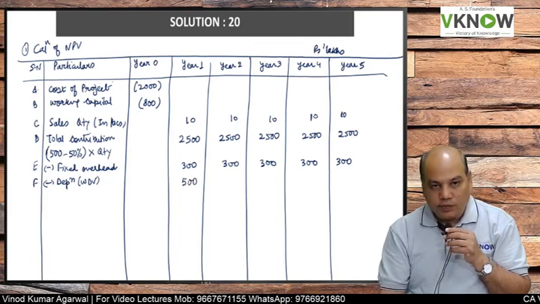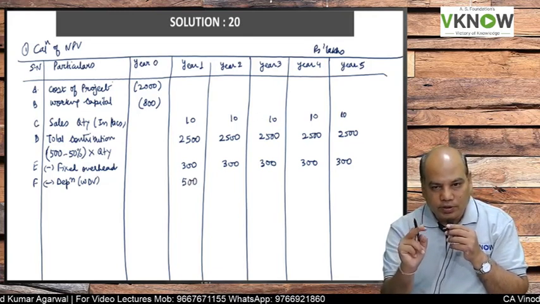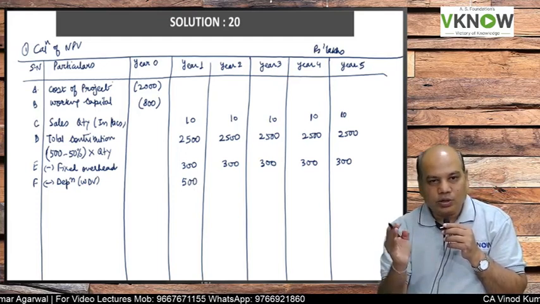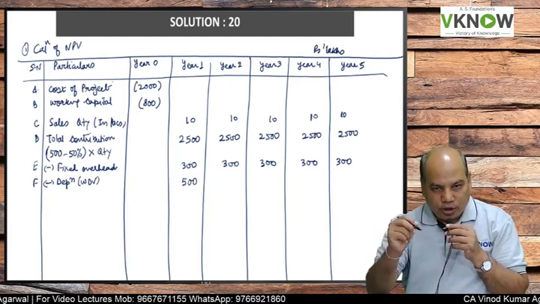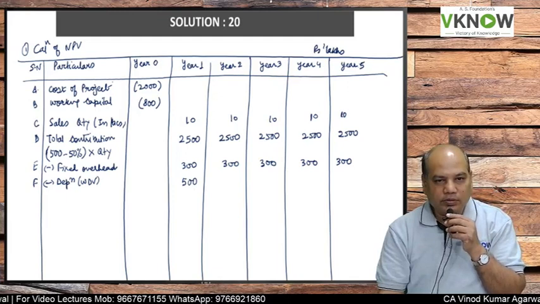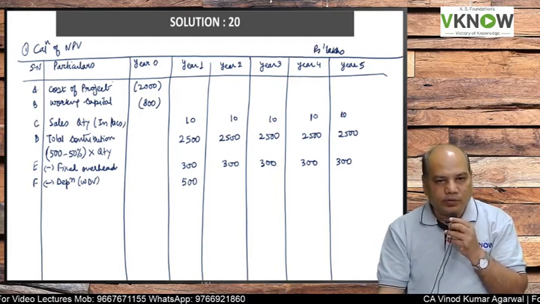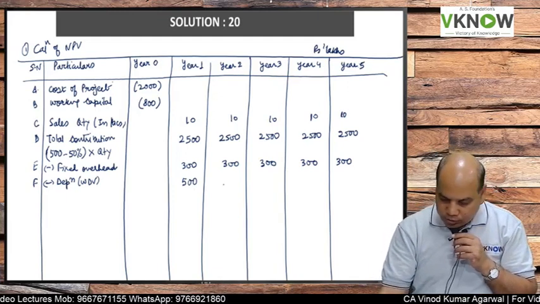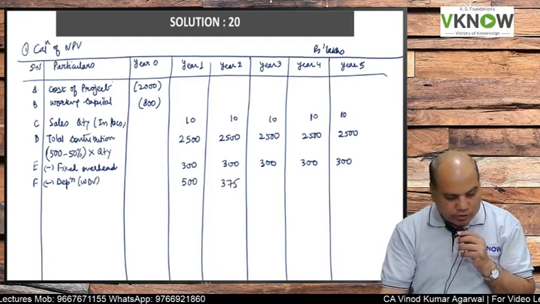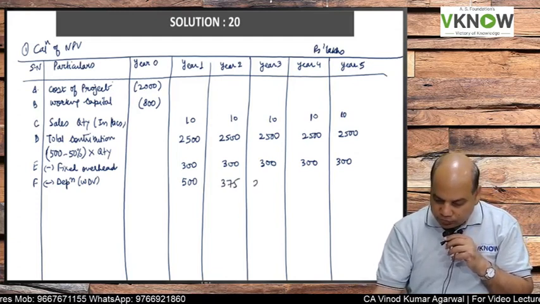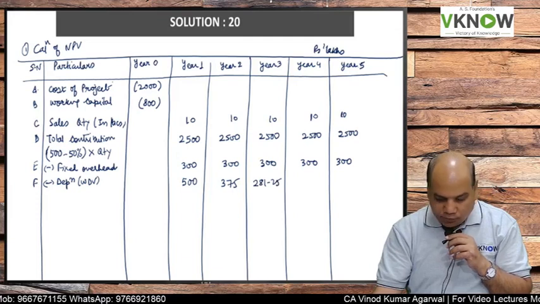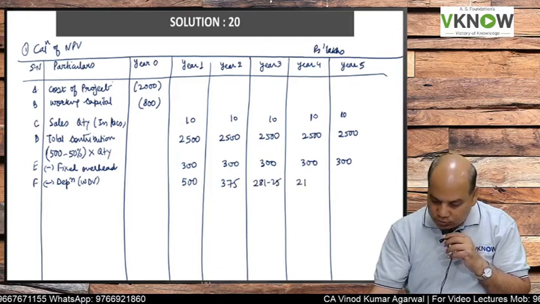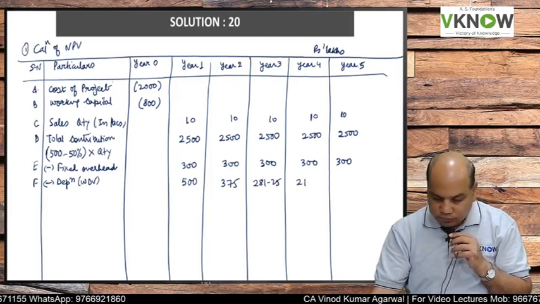Then what you do, if the depreciation rate is 25%, next year you multiply 0.75 into 500. 0.75 into 500 is how much? Now just press equal to, you will get the next year answer. 281.25. Again press equal to. Exactly 211.